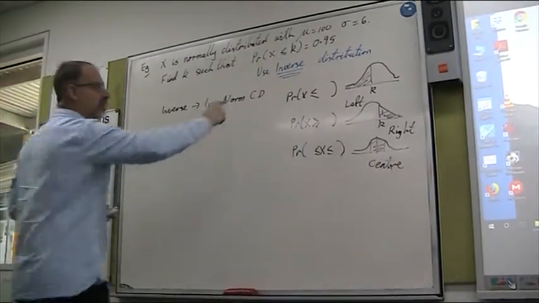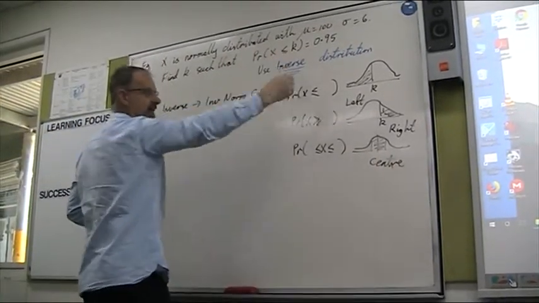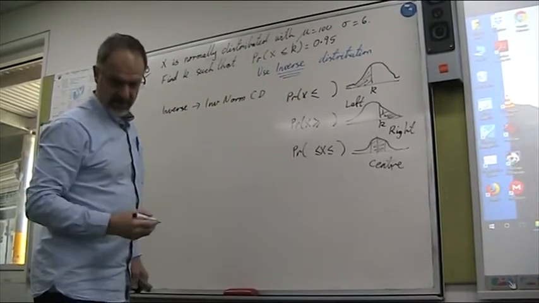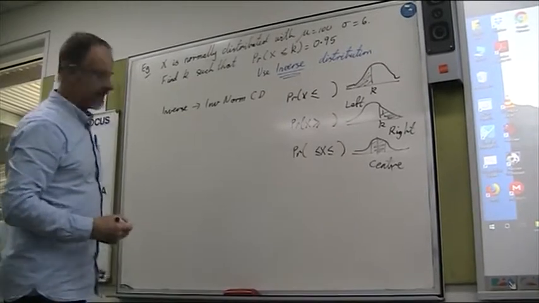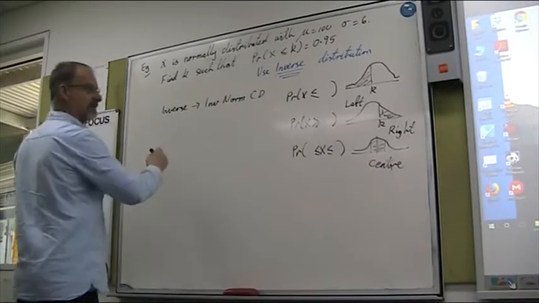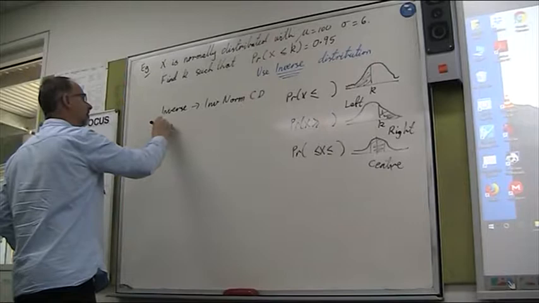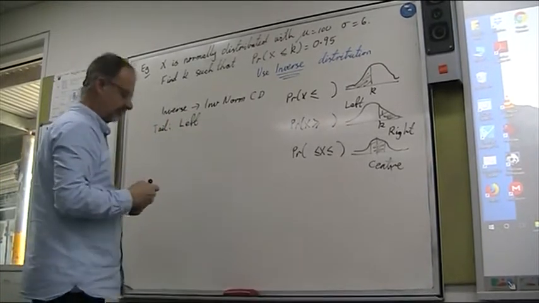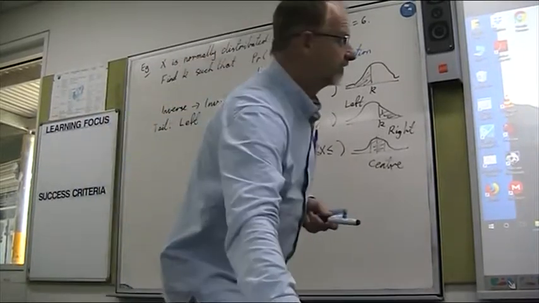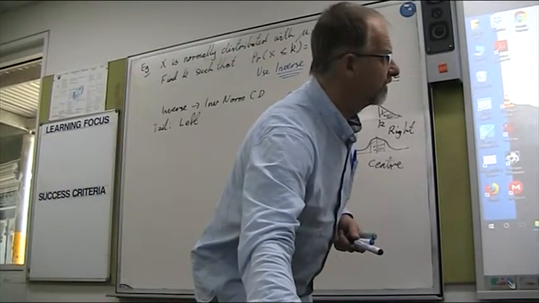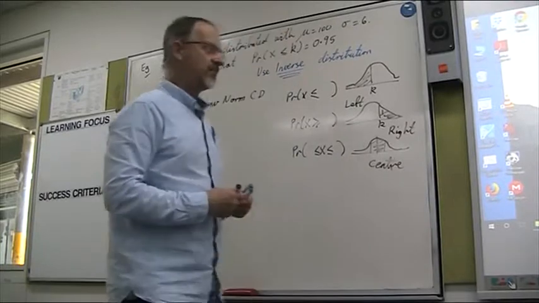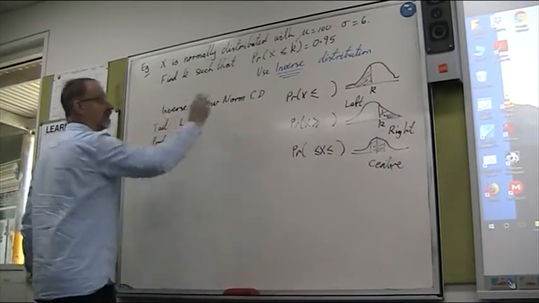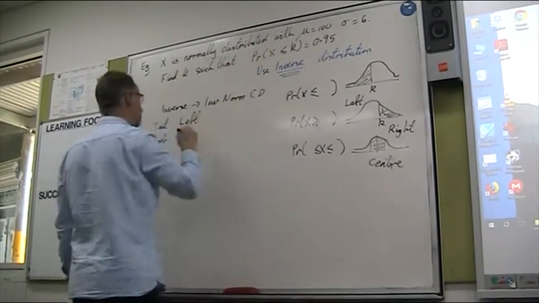Alright, in this one we're looking at less than or equal to k, so we're looking to the left. So we want our tail to be left. Our probability that we're after is the number on the end here, 0.95.